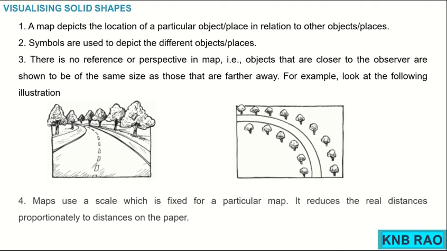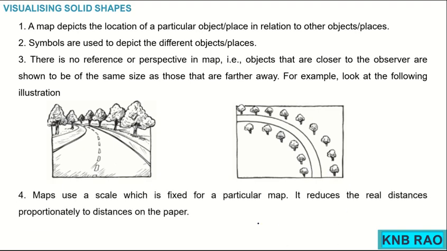Maps use a scale which is fixed for a particular map. It reduces the real distances proportionately to distances on paper, right? So these are the important points you need to understand about a picture and a map. Now let us get into exercise 10.2.